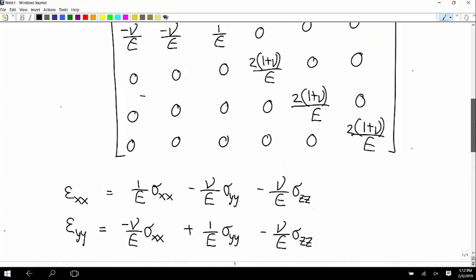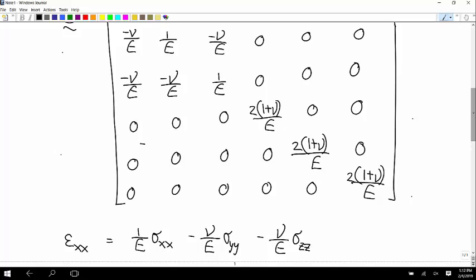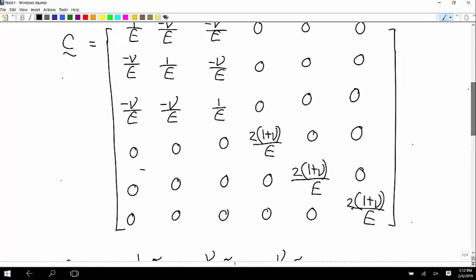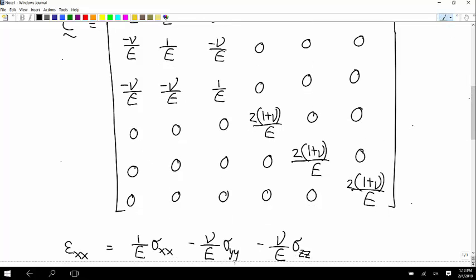So the normal stresses don't matter. That's right. But notice that the reason that all three of these matter for the normal strains is because we have non-zero values in all three of these spots.